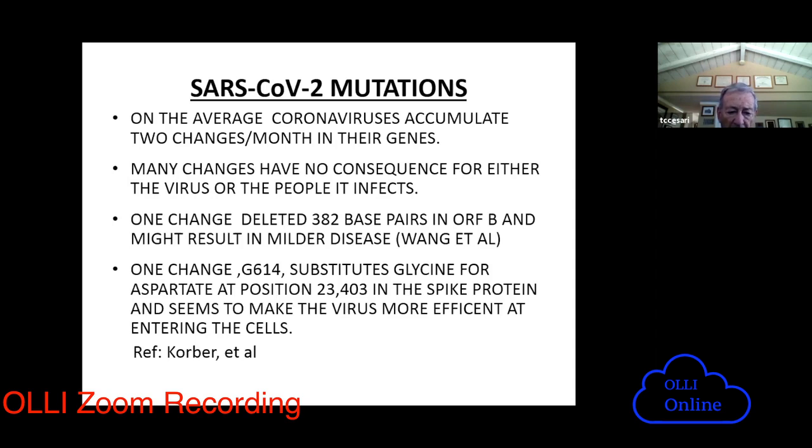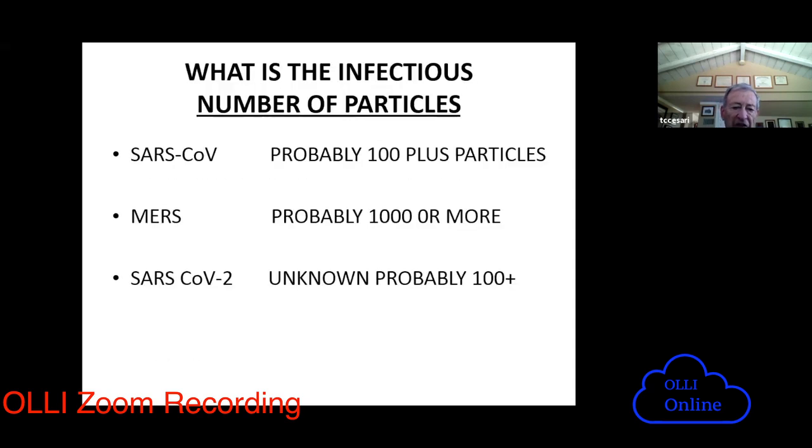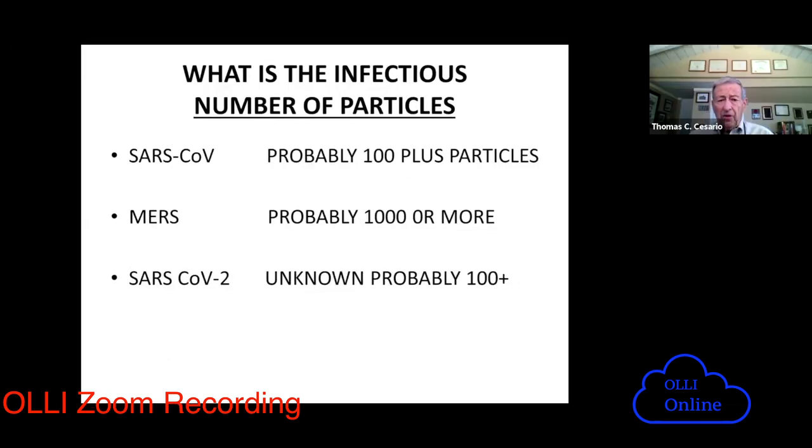The most important one is a small substitution in one of those nucleic acid pairs that seems to make the virus a little more easily attached to the host cell. We don't really know if it has any clinical implications, but in tissue culture, we know that that is the case.